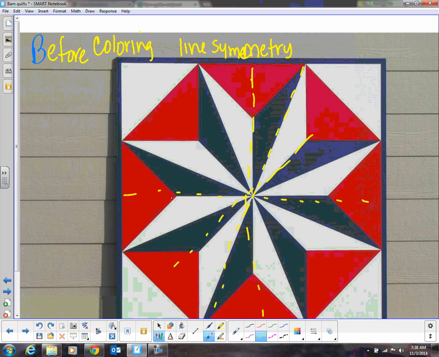There's 3, right? Can you fold here? 4. Can you fold here? Yes? 5. What about here? 6. 7. Am I missing one? Is that 8? Okay, line symmetry. It has 8 lines of symmetry.